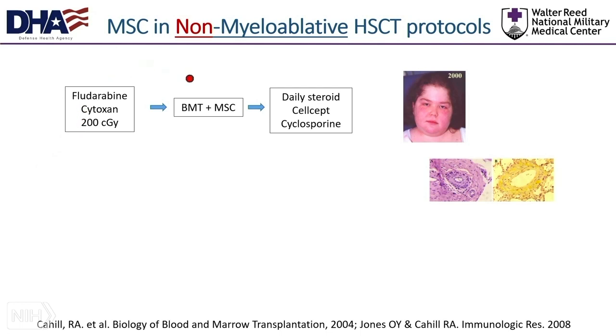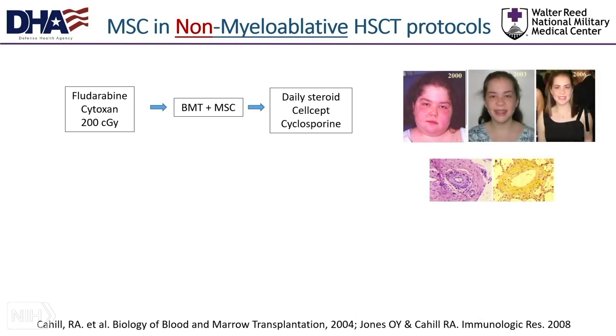And she also had mesenchymal stem cells with the hope of increased engraftment of the hematopoietic cells, and this was followed by daily treatment with steroids and cyclosporin for up to 9 months. This child was 12 years old with lung vasculitis overlap syndrome, and this is her lung biopsy. And in long-term follow-up, she did very well. She's in full remission, cure.